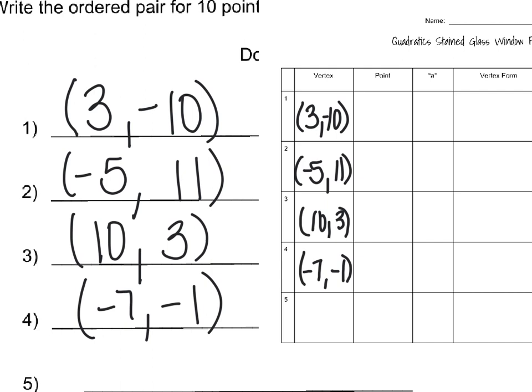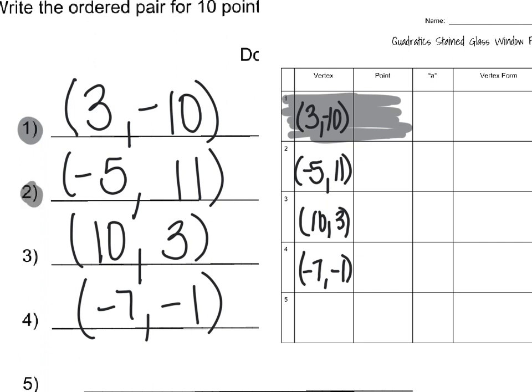And then to get the other point, remember what we've been learning: to find the A value and get it into vertex form, I have to have a vertex and a point. That's literally what we've been doing in section 3.2. So for graph number 1, your vertex is point number 1, but the point you're going to use is point number 2.